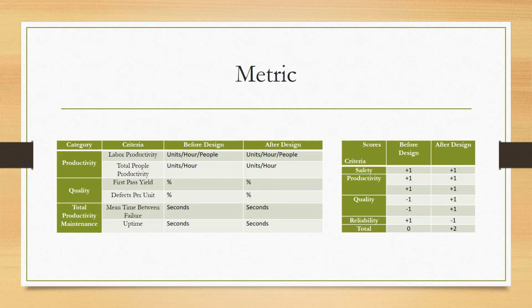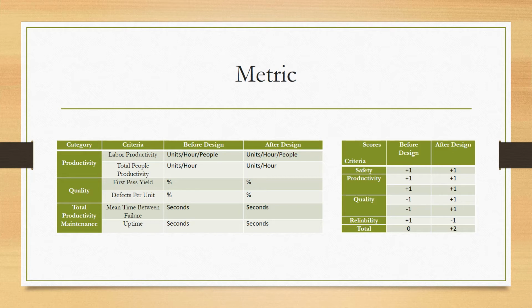So this is just an example of our metric. The table on the left shows the categories and criteria, which we discussed before. For before design and after design, there will be 2 different numbers. For this metric, we calculate those numbers, compare the two numbers, and give a score to it.